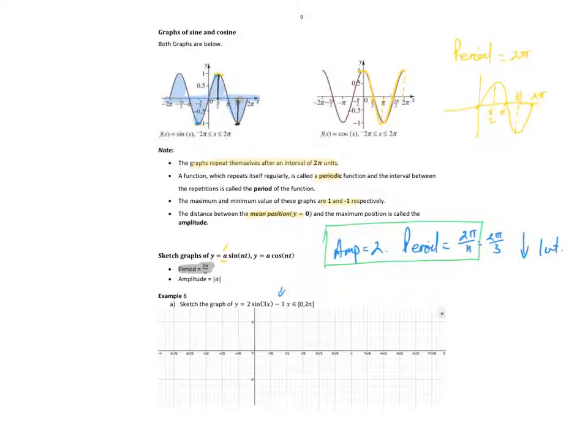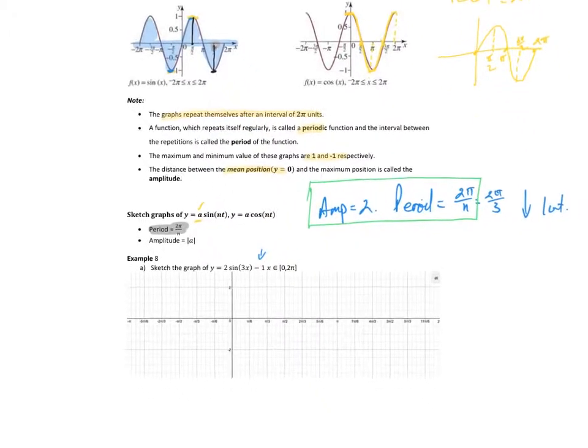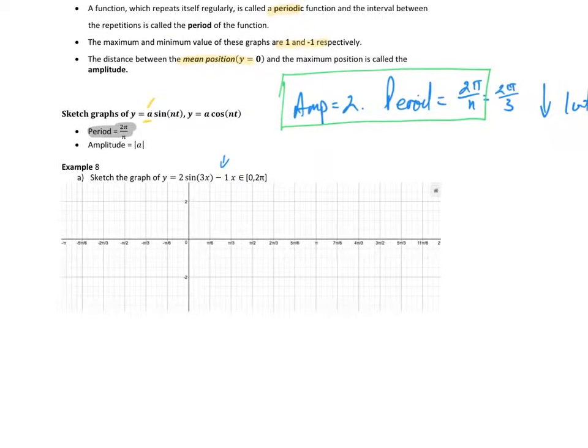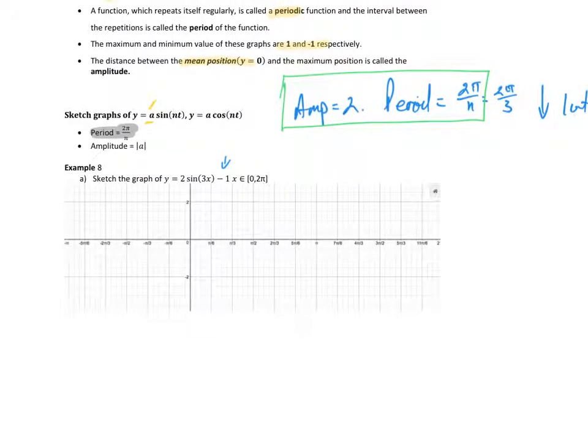All right, so let's just see if we can get our graph a little bit bigger. Make it a bit easier to sketch. All right, so let's just start with one cycle. So it's a sine graph. The amplitude is 2, the period is 2 pi on 3.